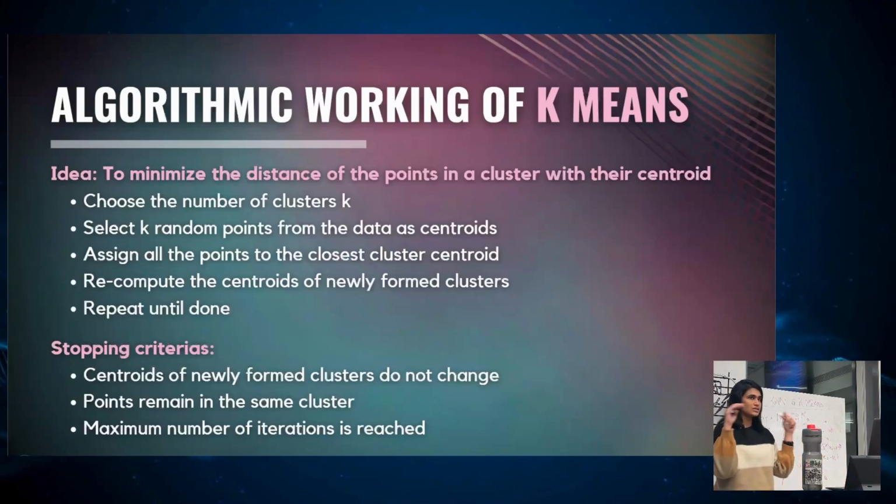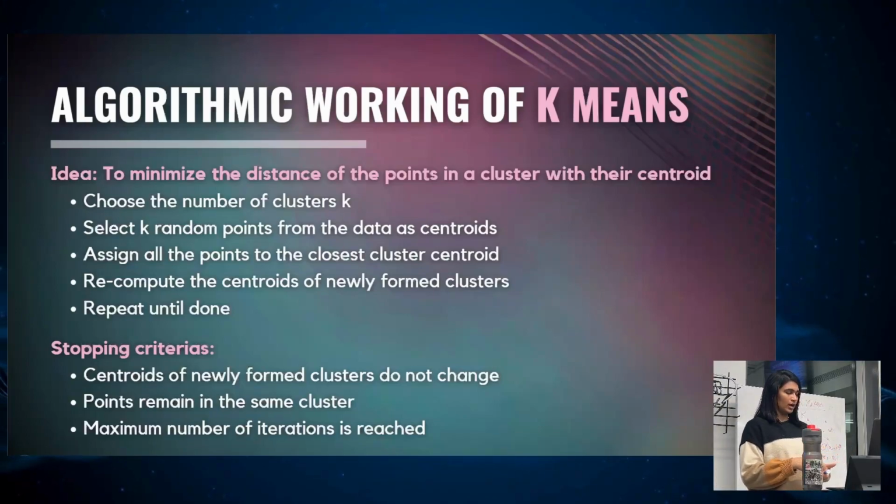And then once the clustering is done, we recompute the centroid. So the second set of centroids can be here, here, here. So again, this process continues. So this is done until convergence.